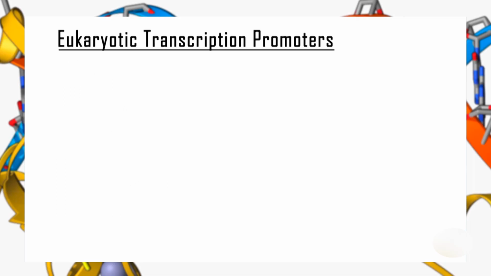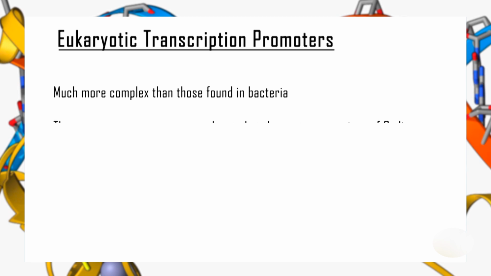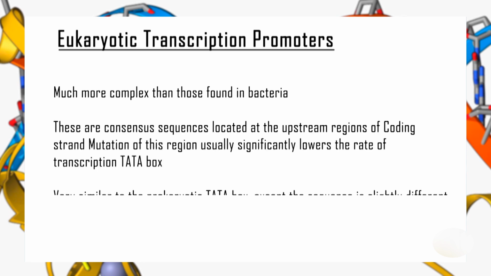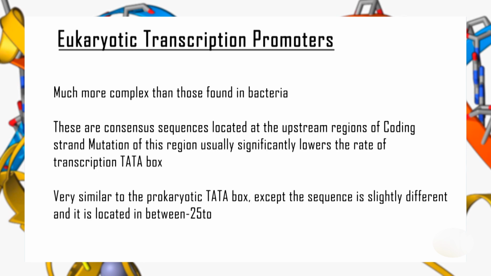Eukaryotic transcription promoters are much more complex than those found in bacteria. These are sequences located at the upstream region of the coding strand.